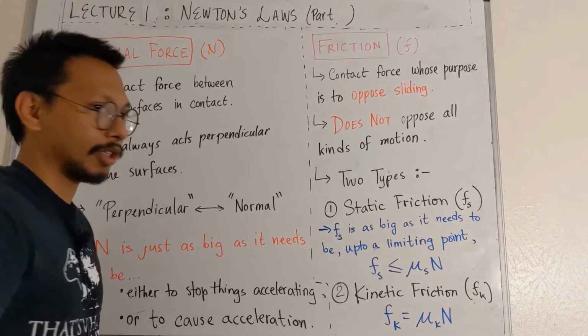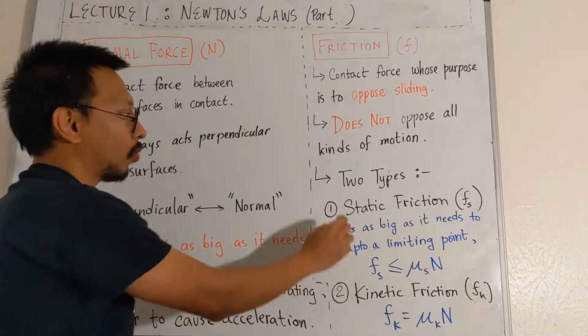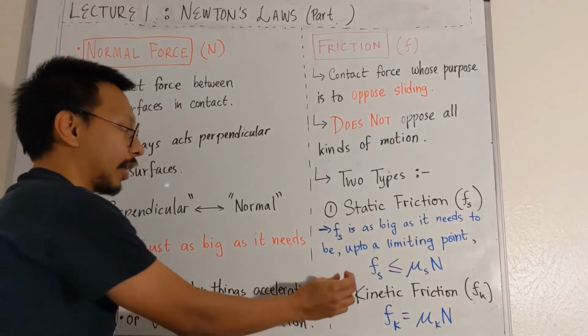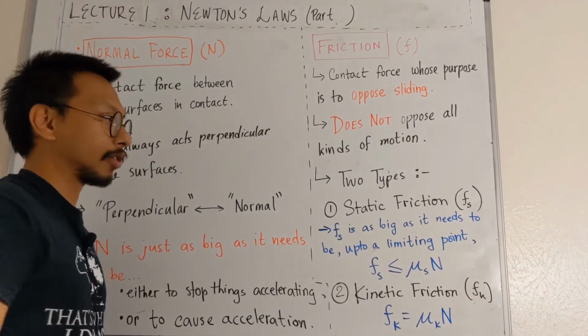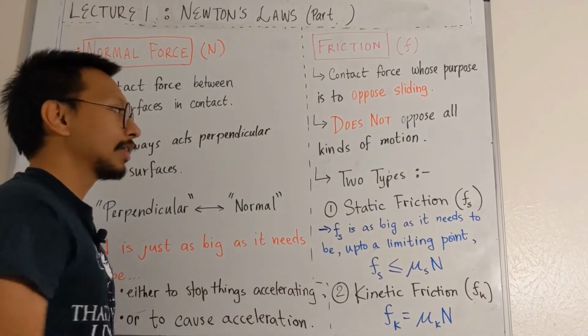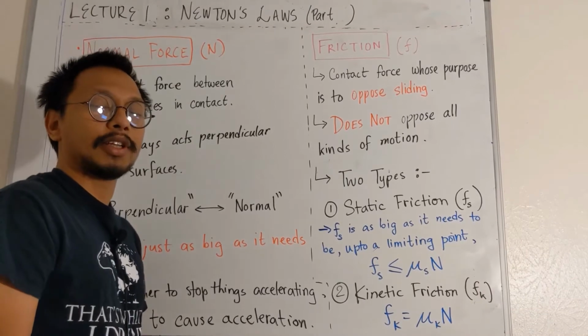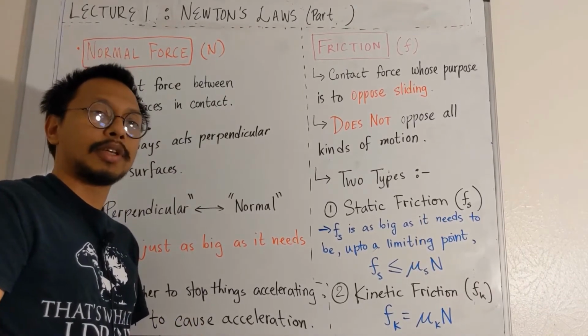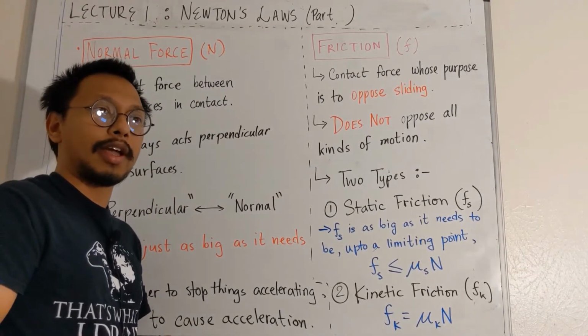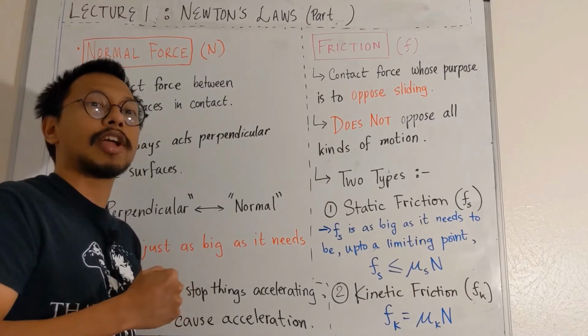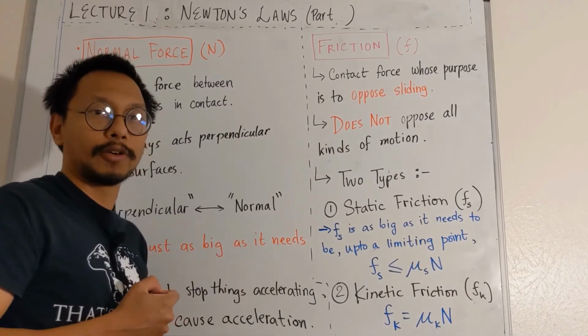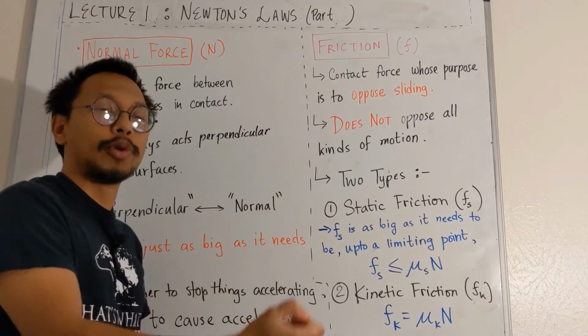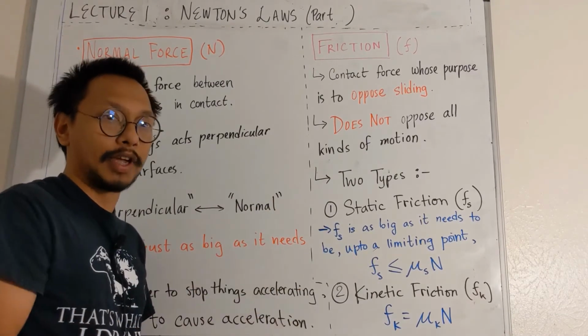There are two types of friction that we will study in this course. One is static friction and two is kinetic friction. What is the difference? Well, static friction is the friction that exists between two surfaces that are in physical contact, and one surface is trying to slide over the other. It is not quite sliding as of yet.